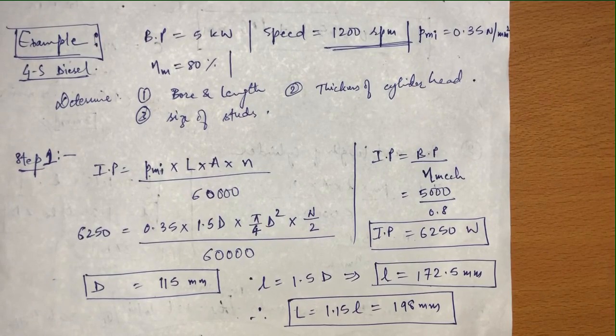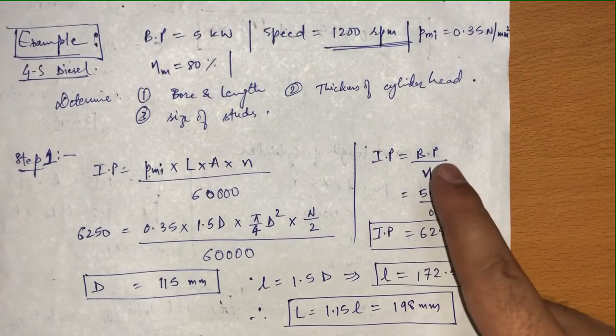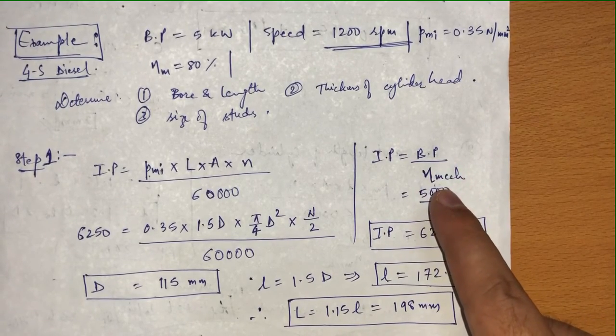Now, to solve this numerical, we will go by a stepwise procedure. Step 1 is to find the bore diameter of the cylinder as well as the length of the cylinder. Bore diameter is given by capital D and length is given by capital L. We all know that indicated power is equal to brake power divided by mechanical efficiency.